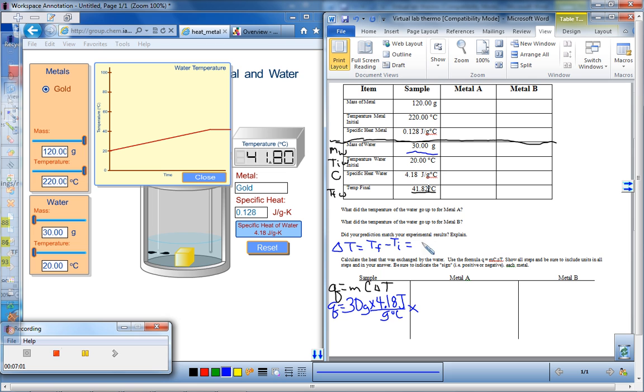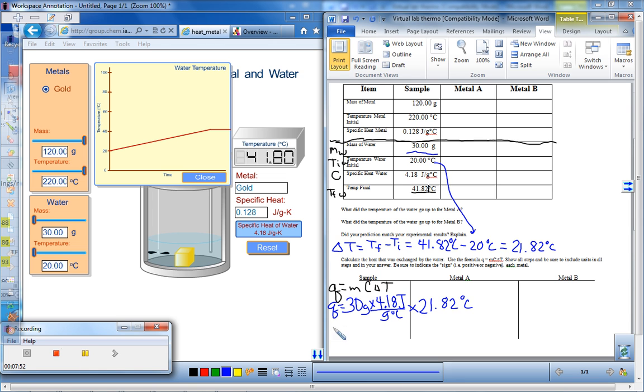So that's going to be equal to the final, which is 41.82 degrees C, minus 20 degrees C. That was for my water, so it's going to come right down here. 20 degrees C. So I'm going to subtract those, and I end up with 21.82 degrees C, and that's what I'm going to put right down here. 21.82 degrees C. Now I have all those, and I'm ready to calculate.